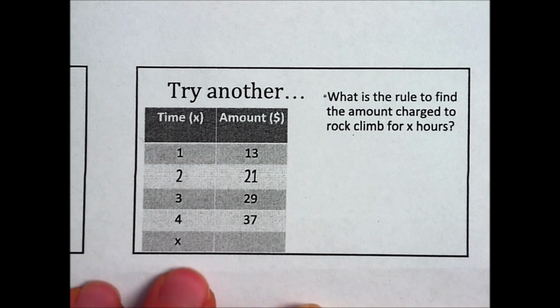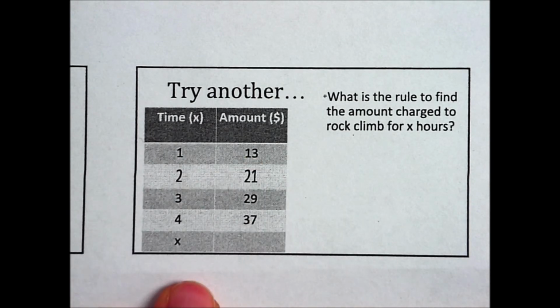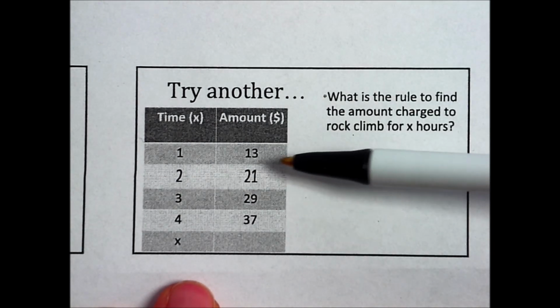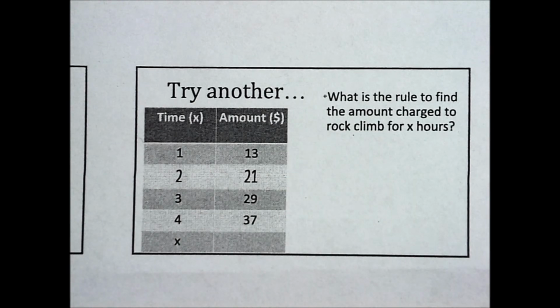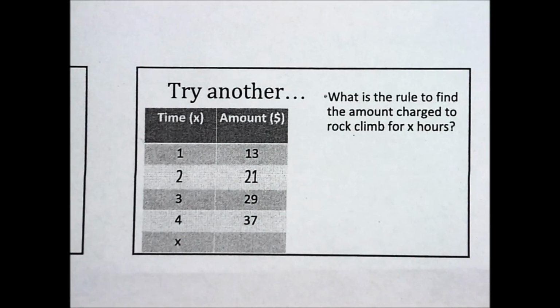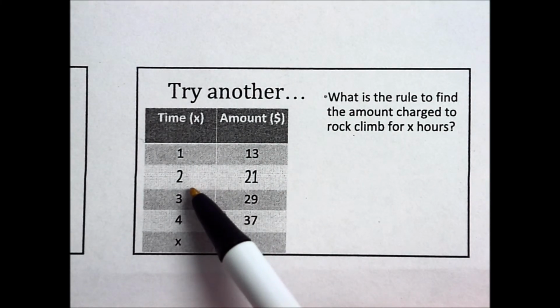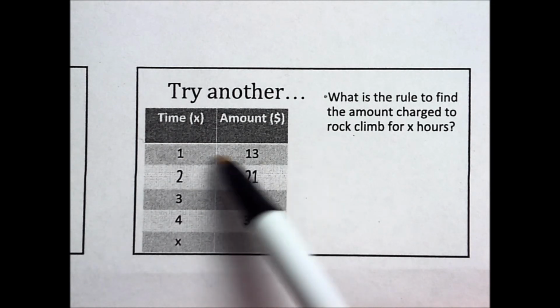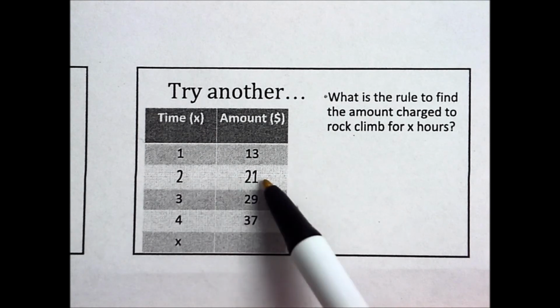Okay, so I look at the table. I go from a 1 to 13, but a 2 times 13 doesn't give me 21. And so it must be a 2-part rule, so we'll have to look at the amount of the increase. So when I'm looking at these increases, I also see that there's not a simple number I can add. 1 plus 12 does give me 13, but 2 plus 12 isn't 21.